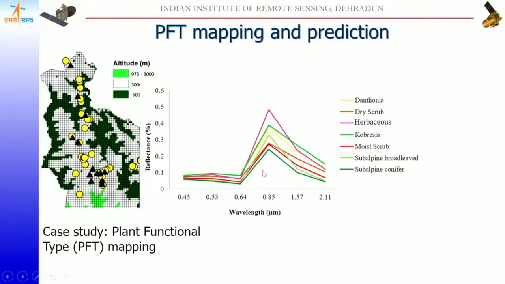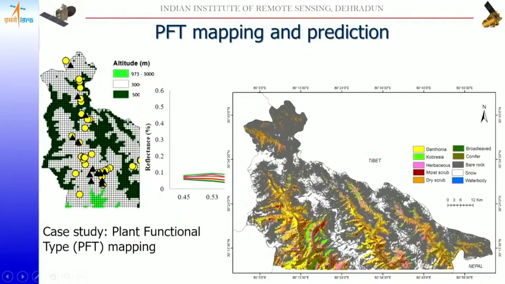This spectral separability is very important to characterize the fine level vegetation groups or functional types, and based on this information we can predict and model the distribution of different fine level vegetation types across the landscape.